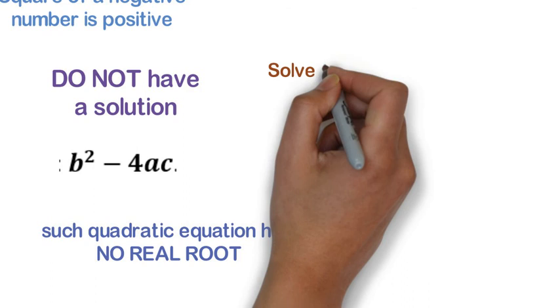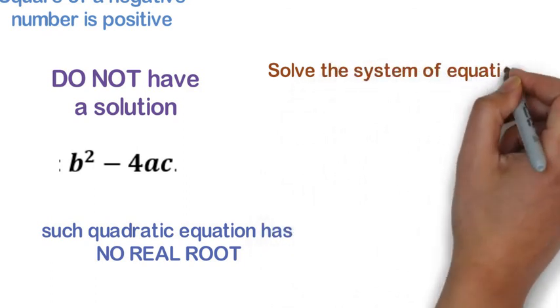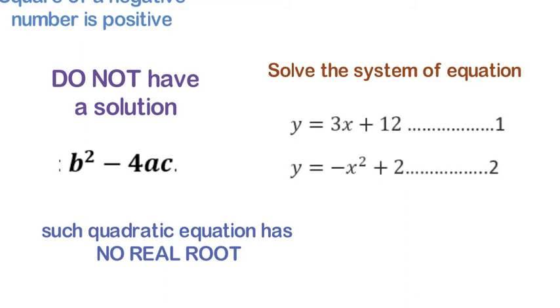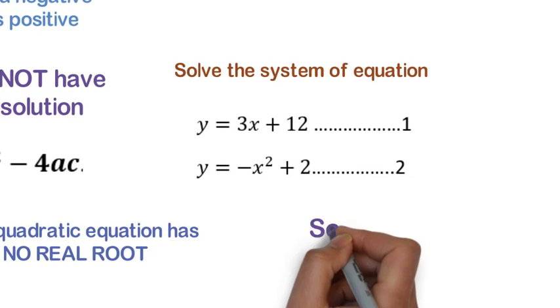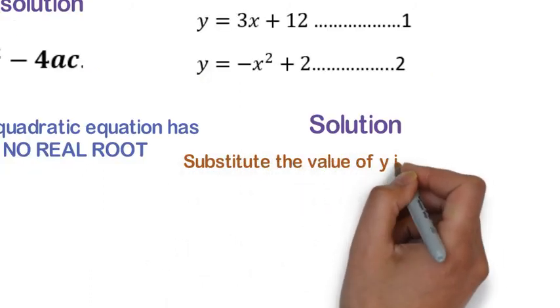Let us look at this example. Solve the system of equations y equal to 2x plus 12 as our equation 1 and y equal to negative x squared plus 2 as our equation 2. Solution: substitute the value of y in either equation.